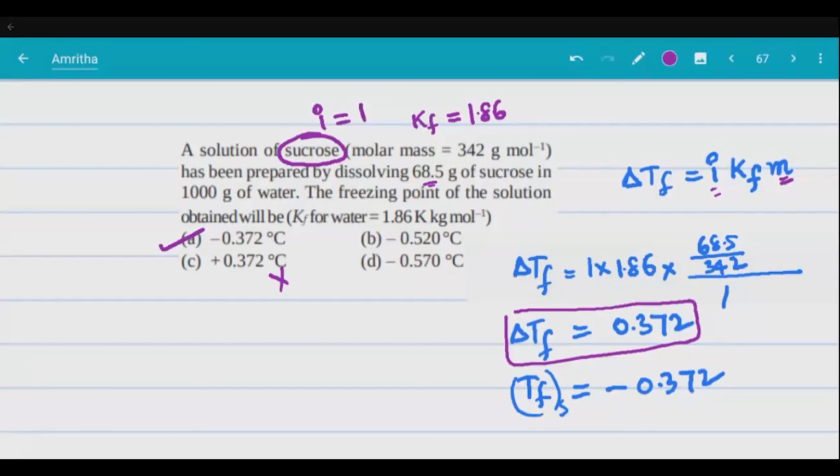That's how we can use this concept of depression in freezing point. Even in vehicles, the radiators should have liquid water. If it is ice, it will not work and will stop working. So they add non-volatile solutes to decrease the freezing point of water. Water should not freeze.